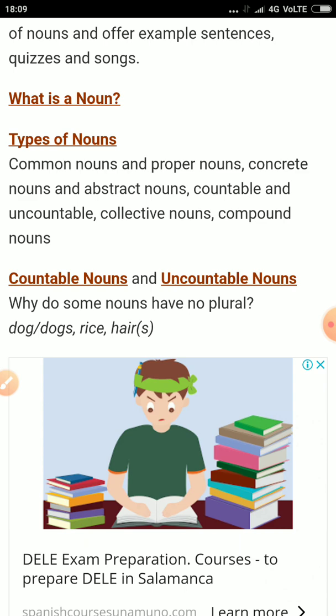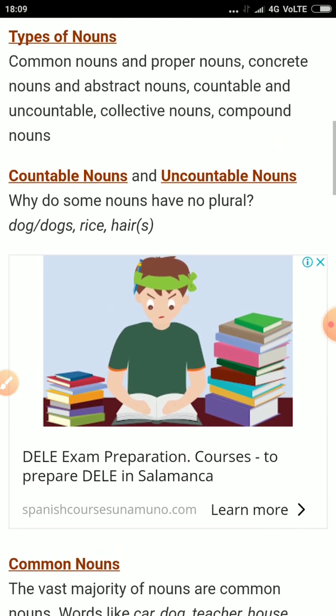But an uncountable noun is a noun which is not easily counted, like rice, wheat, milk, water. Many more examples are there for uncountable nouns. I know you are a student of class 7, you understand what is countable and what is uncountable, so we don't have to focus much on that.